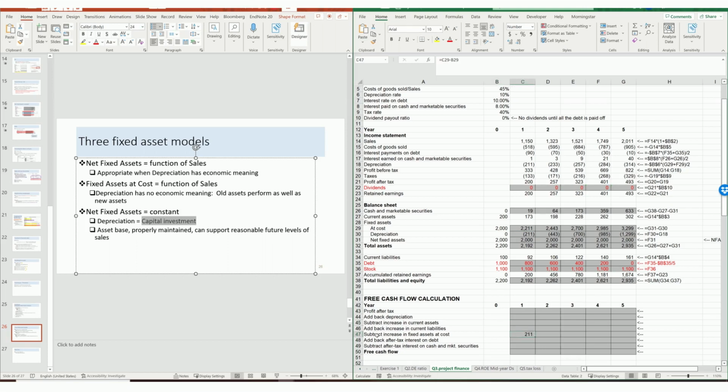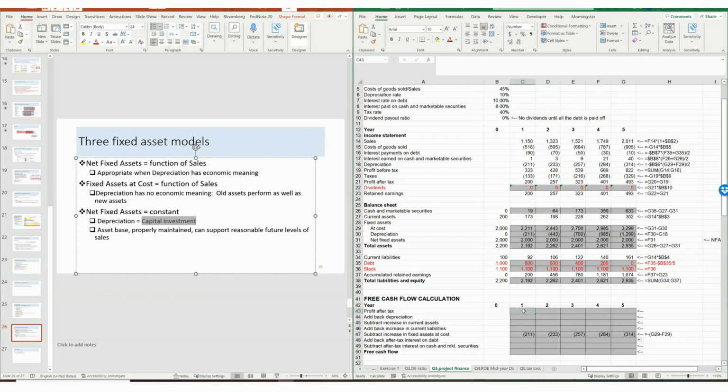And we want to subtract this from the calculation of free cash flow because we think this is an expenditure. So we're going to put a minus sign here. Drag it all the way here. So this will be the increase in fixed asset at cost. And you can see that that is exactly the same as the amount that has been depreciated every year.